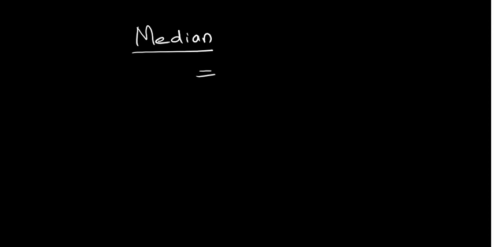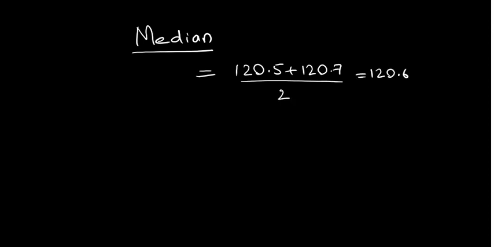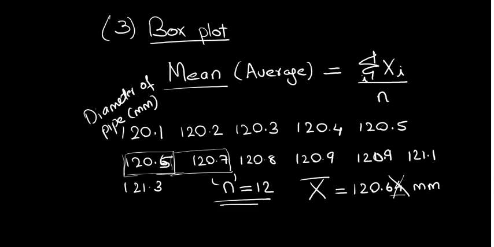So it is 120.5 plus 120.7 divided by 2. So this is 120.6, and 120.6 is not available among the observations, but that is the median here, because it's an even number of observations.